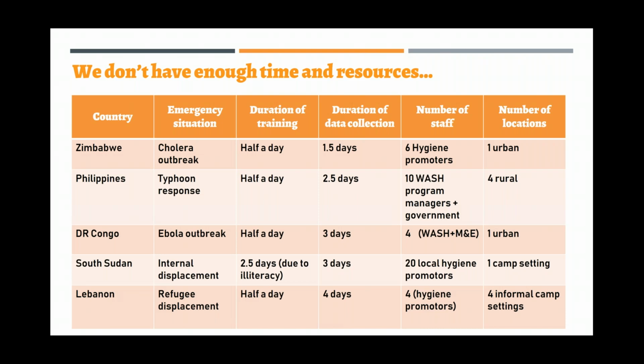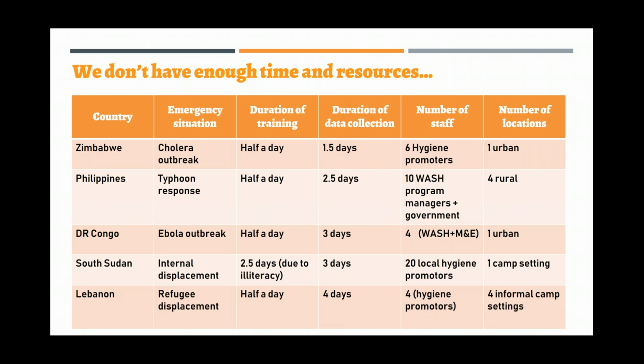Even in South Sudan, where the team had a much lower level of literacy and they couldn't interpret the guides independently, it was still possible to do the training in 2.5 days. The time to collect the tools varied, but was about 1 to 3 days on average. And in fact, many teams managed to conduct the WashM tools in multiple sites during this period.